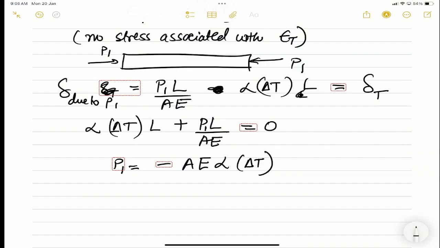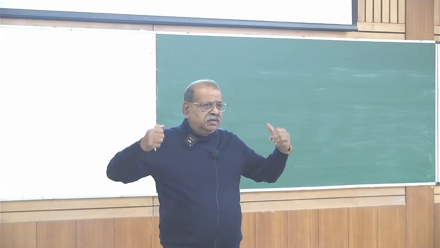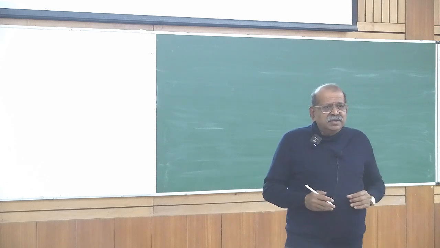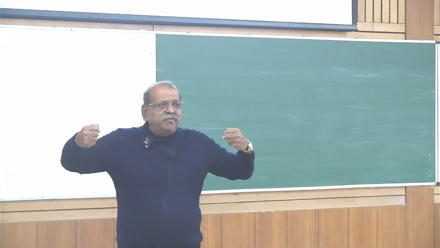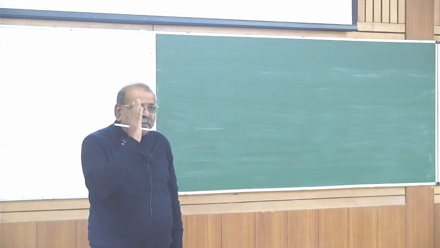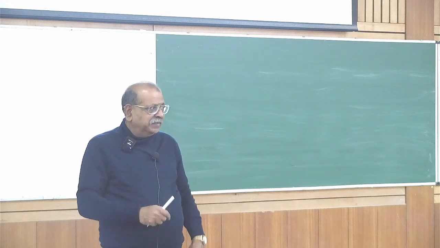Now, these are cases when there was just a single stress. What you should also realize is that these stresses which we have found are on a face which is perpendicular to the force being applied.